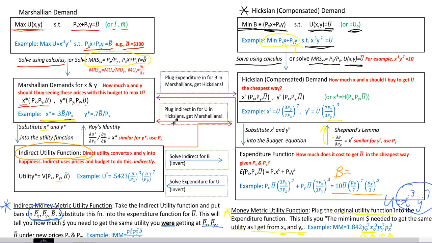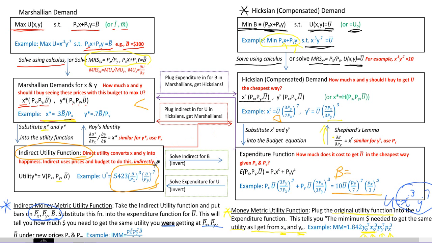Well, as we talked about, one way to do that would be to use Roy's identity, but there's another kind of trick that you can use to do this, and that's to take the indirect utility function here, plug it in to the Hicksian demand for the utility, and then that will give you, as a result, sorry, I'm saying this backwards here.